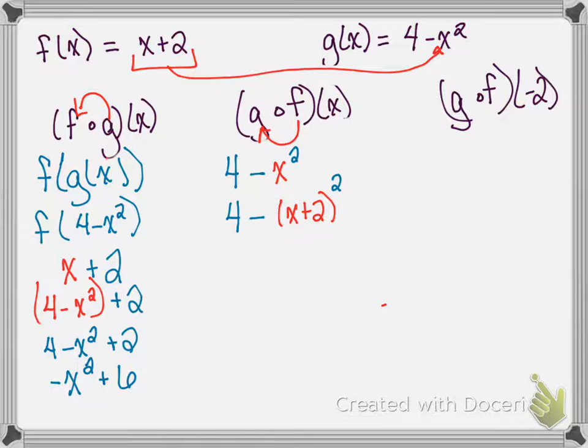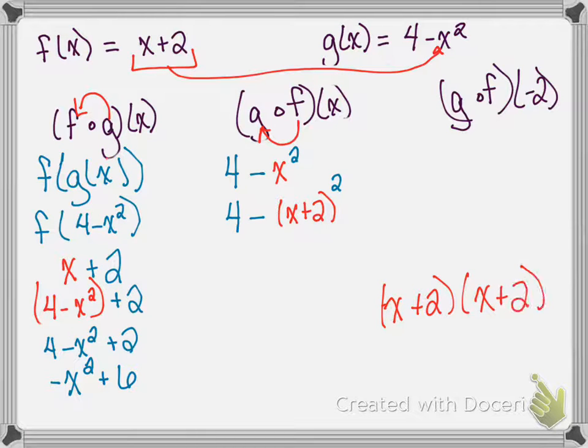Now, what do I have to do first here? I have to multiply x plus 2 times x plus 2. And how do I do that? FOIL. Okay, so be careful with that. Some students like to distribute that negative first, and you can't.